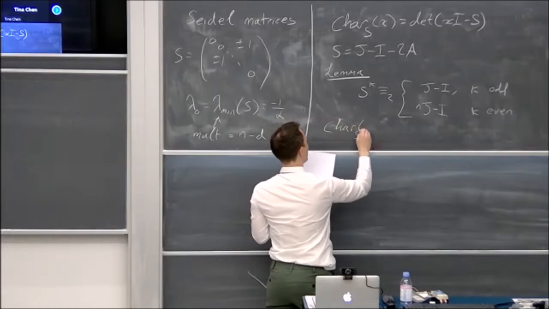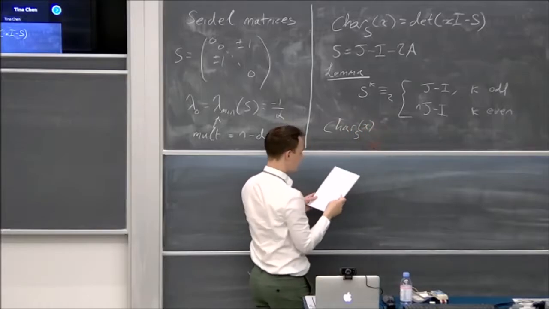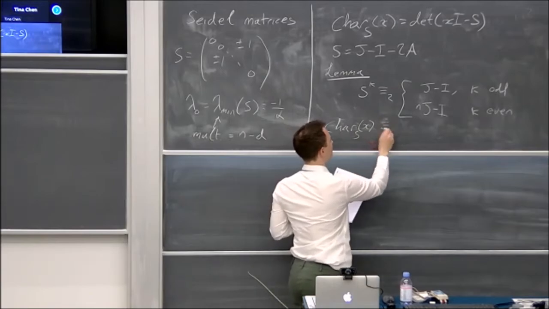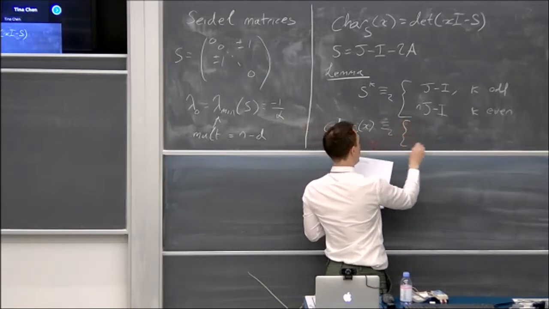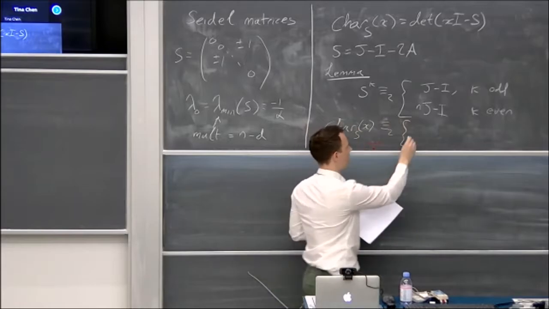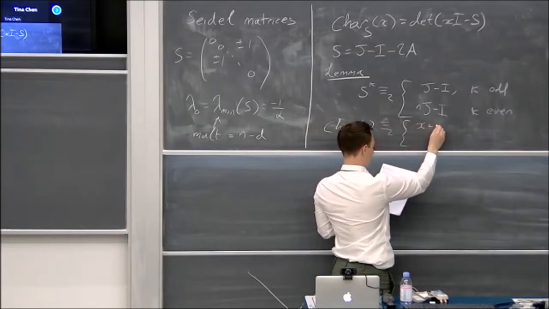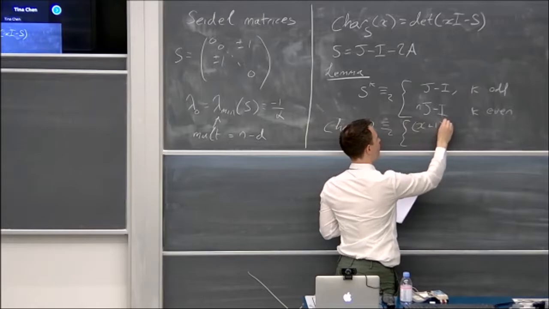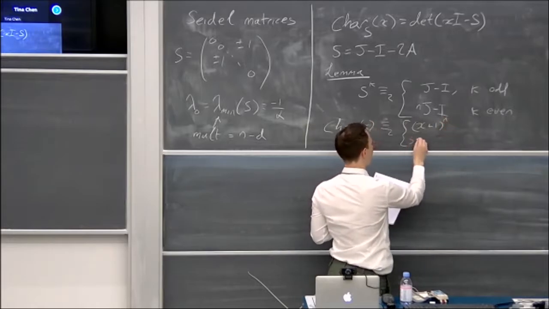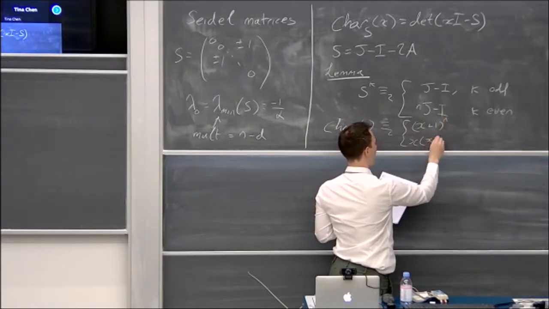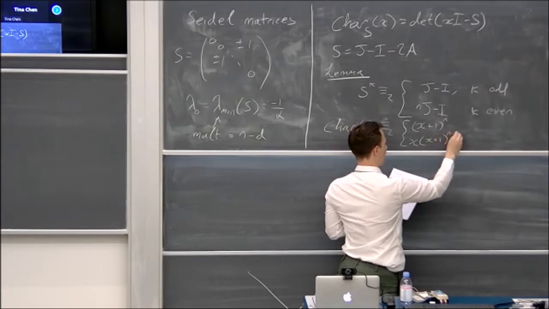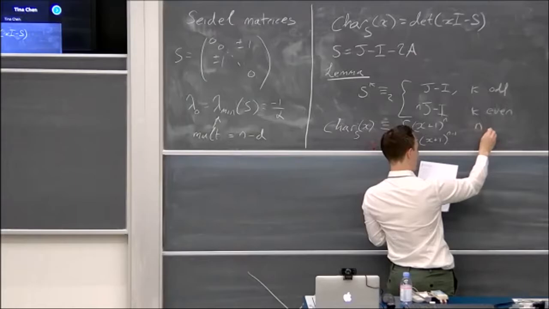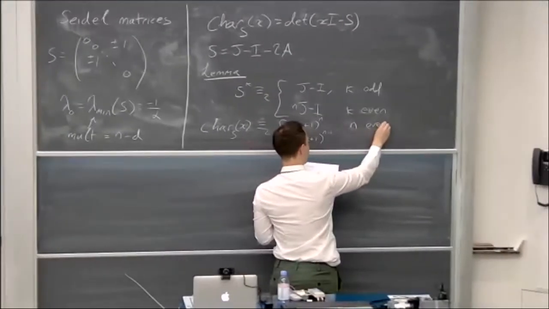If I work out the characteristic polynomial of S modulo 2, then again, it's just like working with J minus I. And so we essentially get the characteristic polynomial of a complete graph modulo 2. So this will be either (x plus 1) to the n, or x times (x plus 1) to the n minus 1, depending on the parity of n.